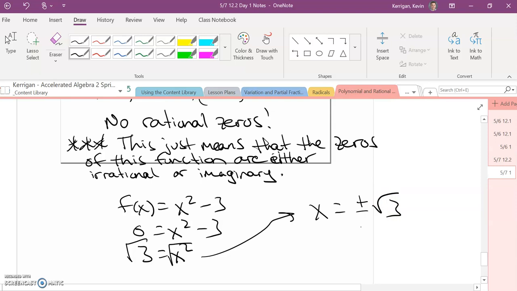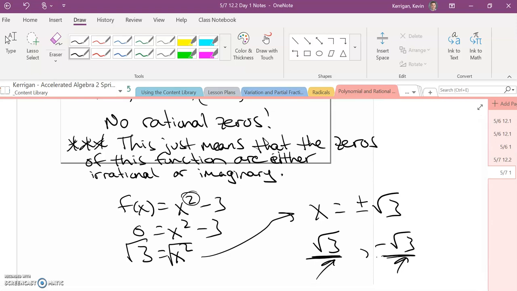So my two zeros of this function are positive root 3 and negative root 3. They both exist. There are as many as the degree of the function. They just happen to be not rational. So you can still find all zeros, it's just that you can't use this particular rational zeros theorem to find any except the rational zeros. All right, everybody.